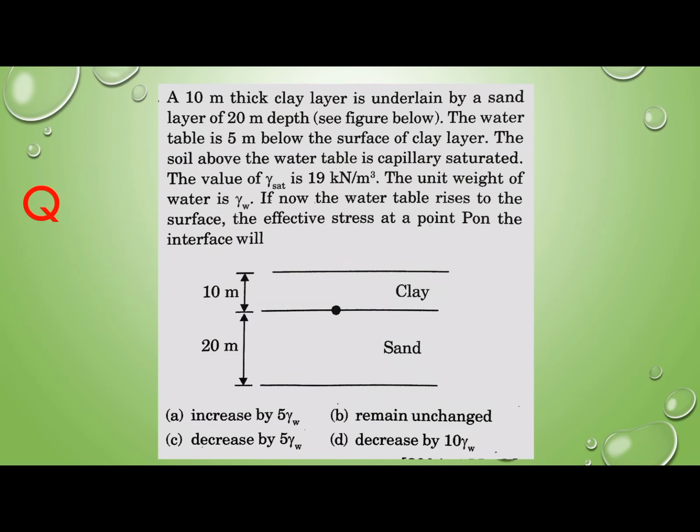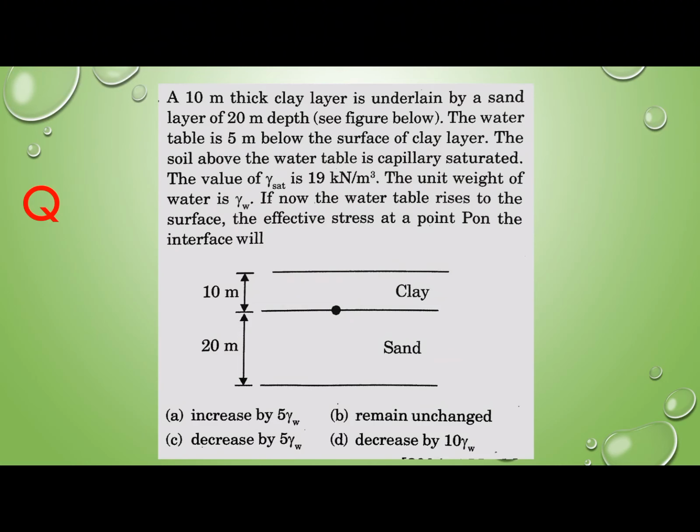A 10 meter thick clay layer is underlain by a sand layer of 20 meters depth. The water table is 5 meter below the surface of the clay layer. The soil above the water table is capillary saturated. The value of gamma saturated is given as 19 kilonewton per meter cube.